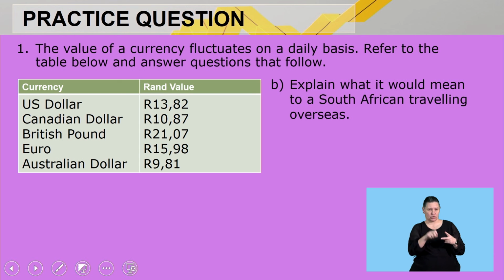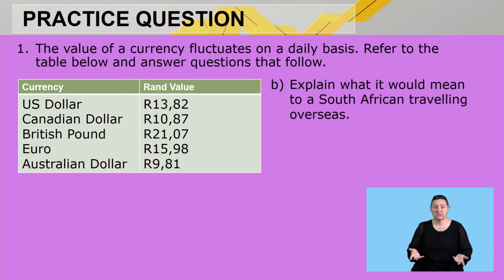Looking at the second question, explain what it would mean to a South African traveling overseas. Traveling to this country with the lowest value or the weakest currency, it would mean that you will have lesser returns when you exchange your South African rand into that currency because it is weaker.